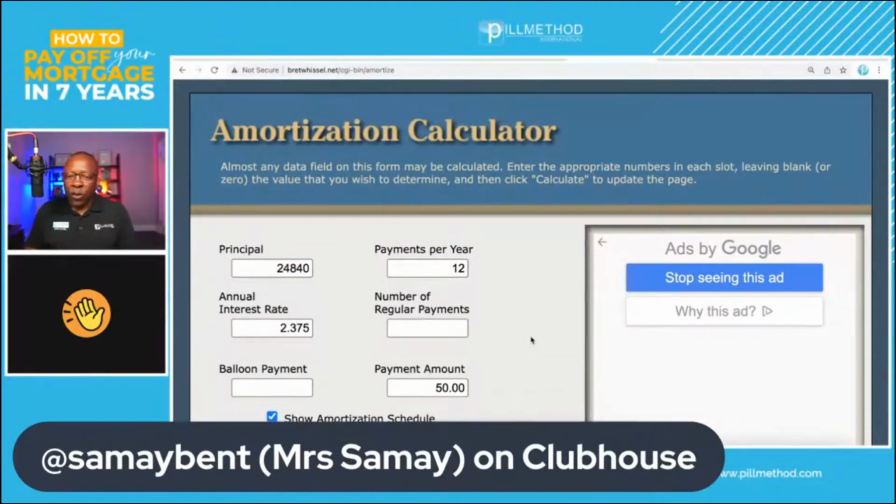Now, again, folks, what you're going to be seeing here, we're just showing people how to read an amortization schedule. I am not talking about the P.I.L.L method because the P.I.L.L method optimizes your interest savings. And I'm just coming up with these numbers off the top of my head.